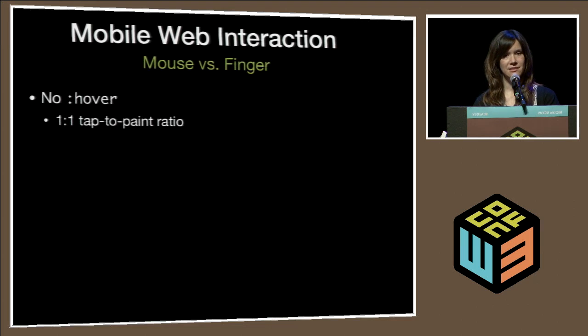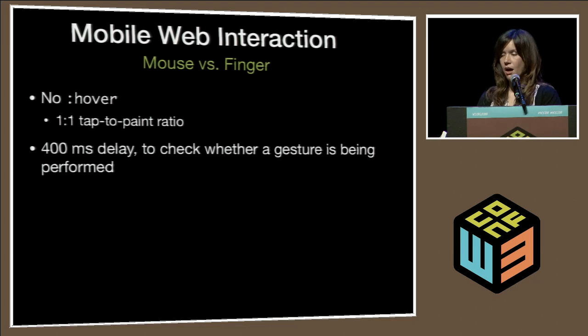On a touch device, that's going to require a tap for that submenu to appear, so it's kind of a 1-to-1 tap-to-paint ratio happening. Also, when something is tapped and there are mouse events associated with it, there's a 400 millisecond delay before those events execute because the browser needs to check whether a gesture is being performed. Maybe you're trying to scroll the page and not click a link or mouse over a menu.